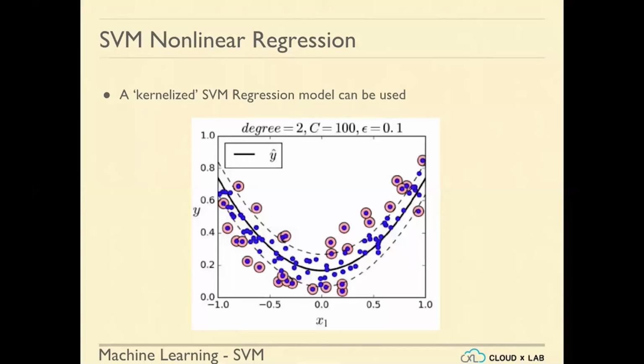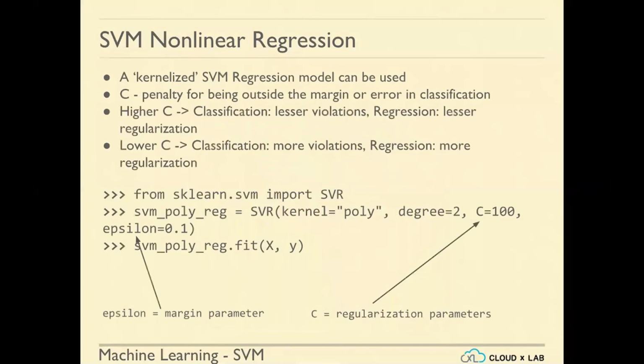Degree meaning we are using a kernel internally. Kernel in the sense that we are generating new columns hypothetically, and those columns are based on the existing columns by squaring and so on. Okay, so in SVM nonlinear regression, a kernelized SVM regression model can be used.